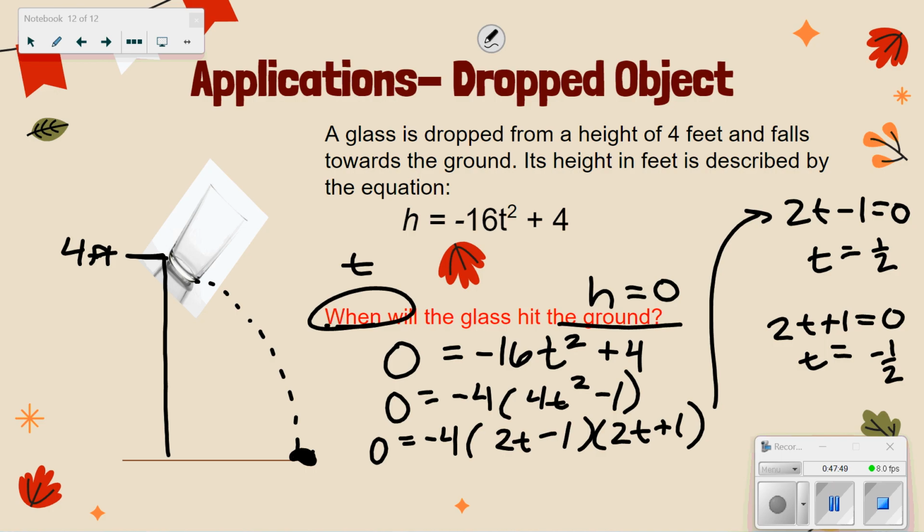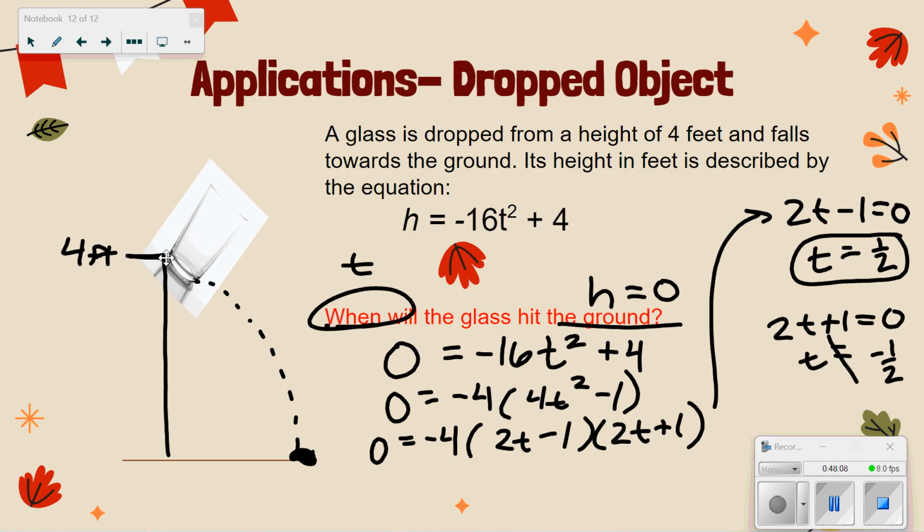Does something not make sense here? We can't have negative time. So can time equal negative 1/2? No, even though we would love to go back in time, we can't. Our time can only equal 1/2 second. Remember those good old ideas of domain and range?